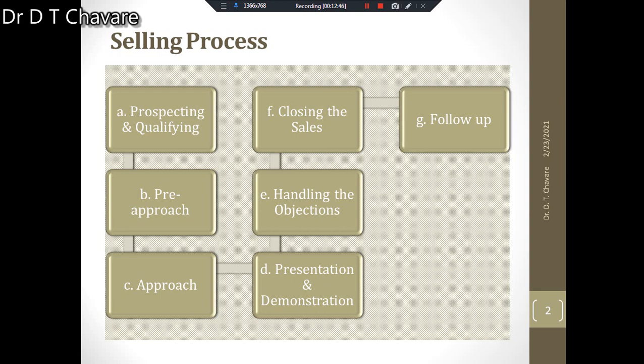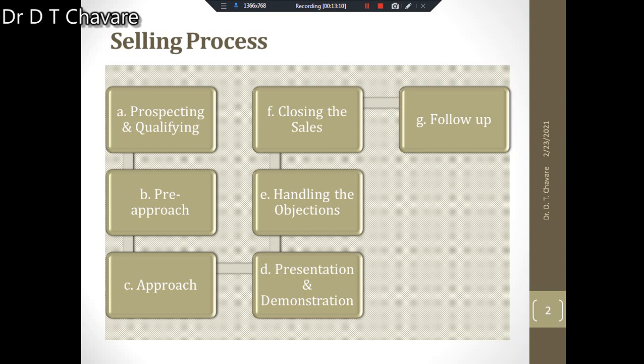Then the next step in the selling process is handling objections. Try to understand, this is a very important stage. At this stage, the salesman seeks out, clarifies, and overcomes the customer's objections. A positive approach by the salesman is necessary. Many of the objections are unspoken.